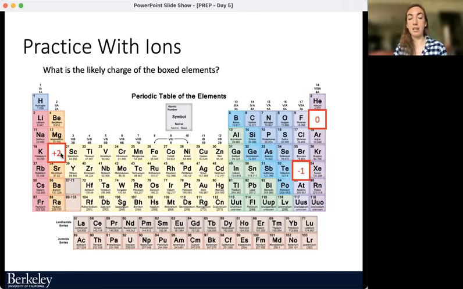And just as a reminder, calcium had 2 valence electrons, and it wants to get rid of them. It wants to have a full valence shell, so it's going to get rid of those spare couple of electrons. If you get rid of 2 negatively charged things, you're going to end up with a more positive charge. You didn't get rid of any protons, so you used to have the same number of protons as electrons, but now you've gotten rid of 2 electrons.